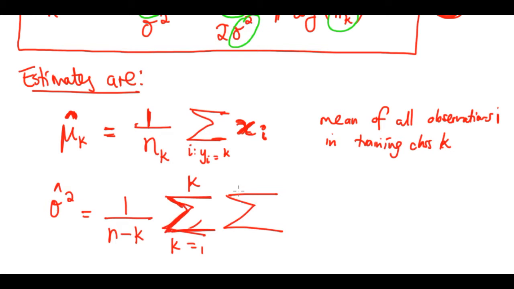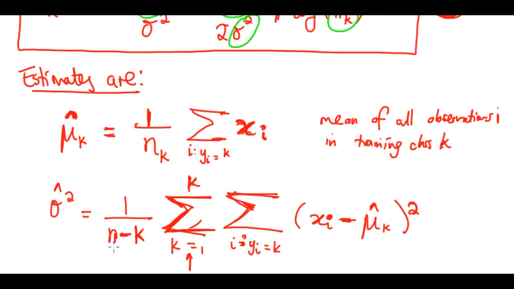It means in each class we are going to calculate xi minus this. So basically in each class we sum up the difference between each observation minus the mean, right? We are going to do that for every other class. So in each class we do the summation, and then we sum up over all classes. And then we just divide by n minus k, so the number of observations minus the number of classes.